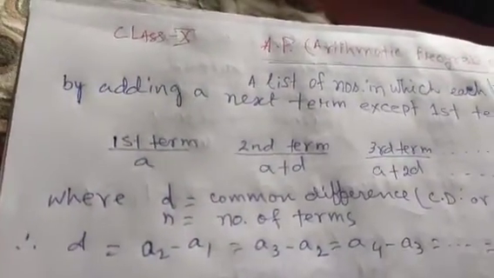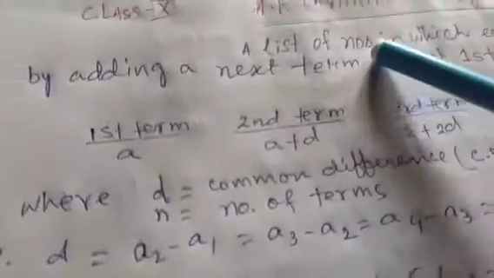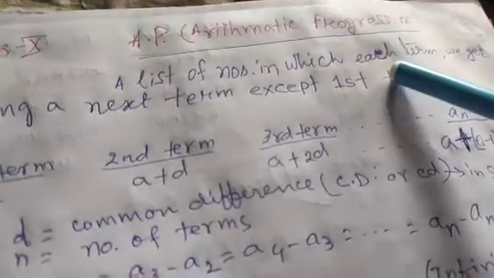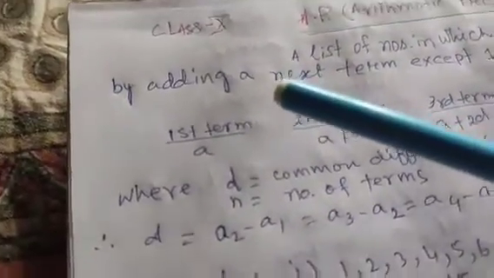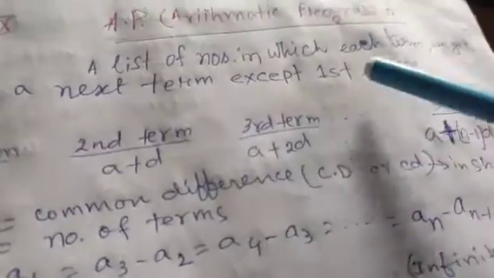AP is nothing but a list of numbers in which each term we get by adding something to the previous term to get the next term, except the first term.